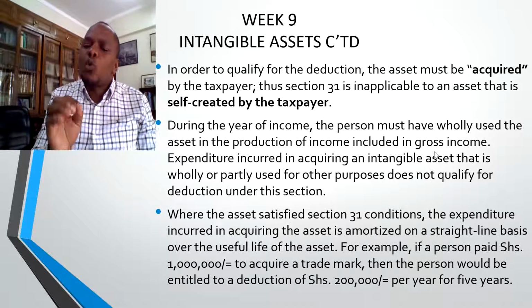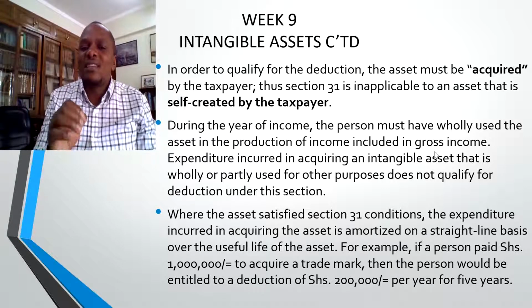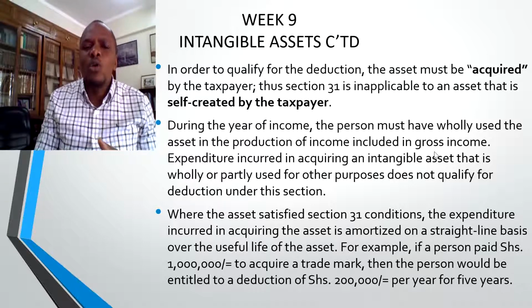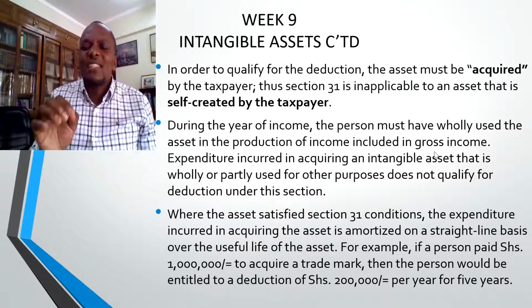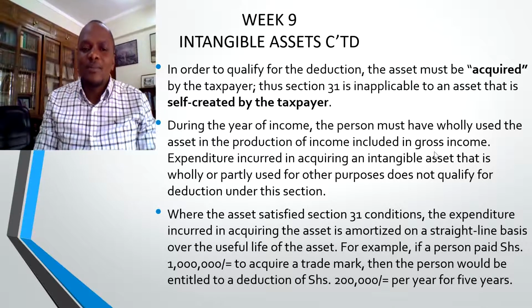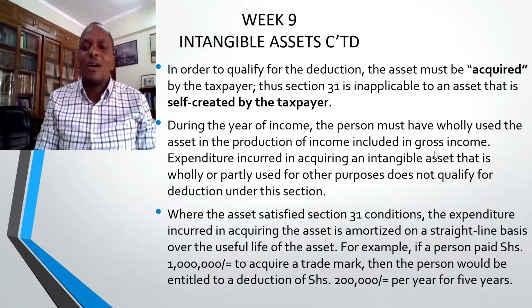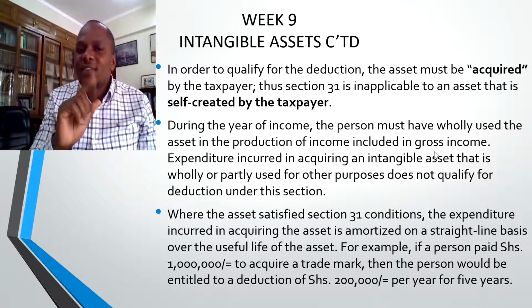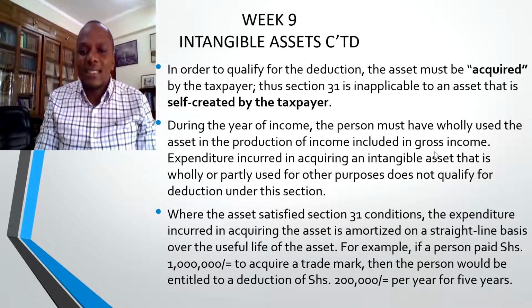Secondly, for you to qualify for a deduction under this section, you must also prove that the asset that you acquired, be it a trademark, a copyright, or you bought a shop on goodwill, must have been wholly used in the production of income, which income is included in gross income under Section 17 of the Income Tax Act.